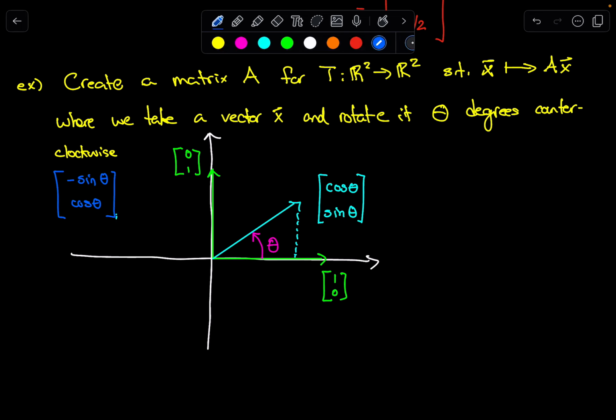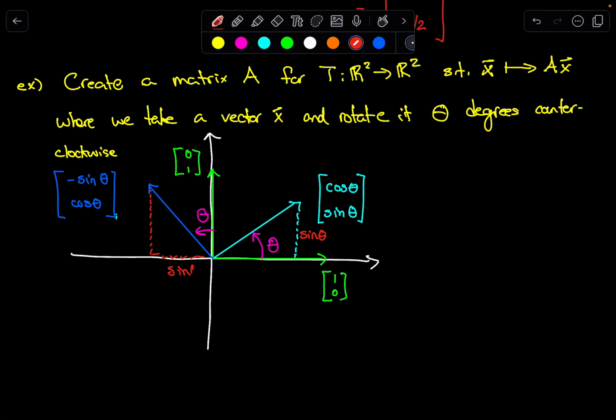Since they're rotating the same exact amount, these are going to be at 90 degrees from each other. This is going to be theta, right? And so basically these triangles are essentially the same triangle, with the exception being that if this was sine theta before, that side right there is now here.